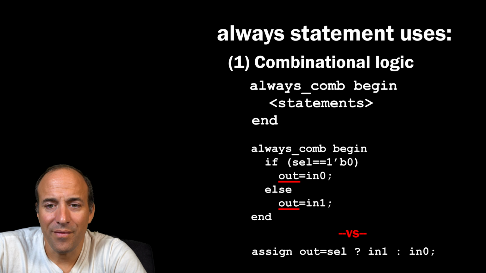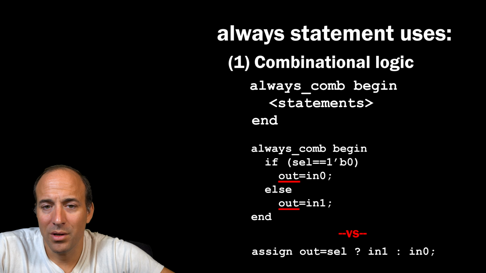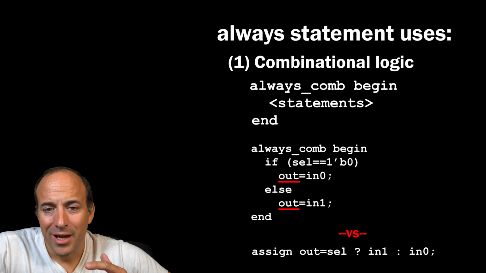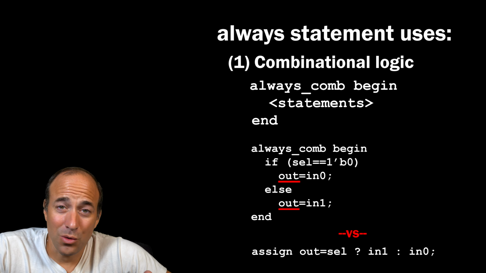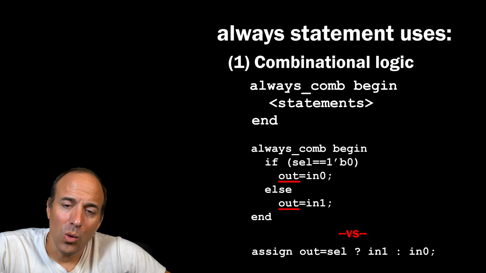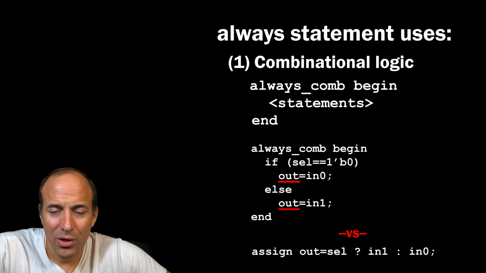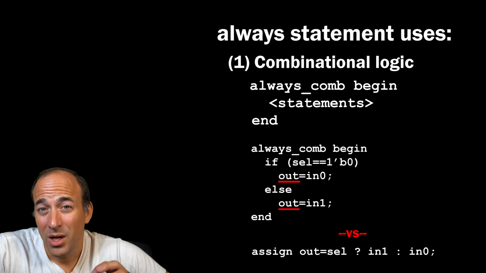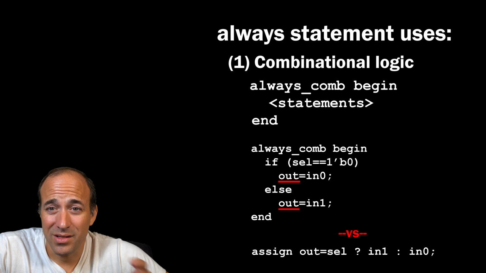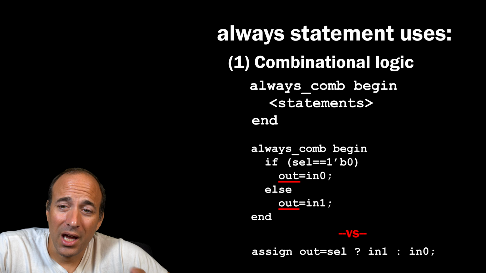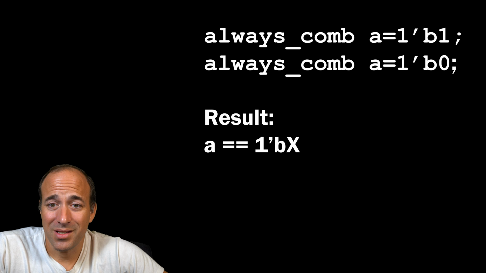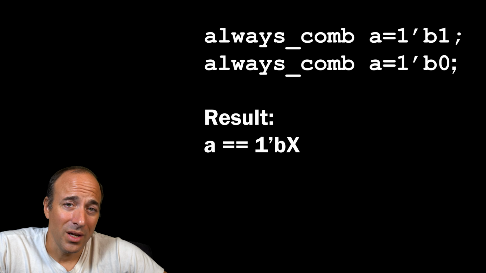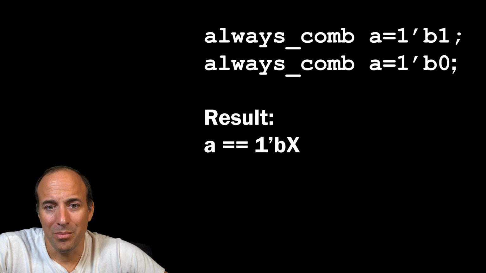Sometimes they're not obvious, but it's important because every always block is synthesized into a logic element. So this has an important implication when it comes to the possibility of double driving signals. You can't have more than one always block that drives the same signal, since this would put the signal in contention, or it would be double driven.